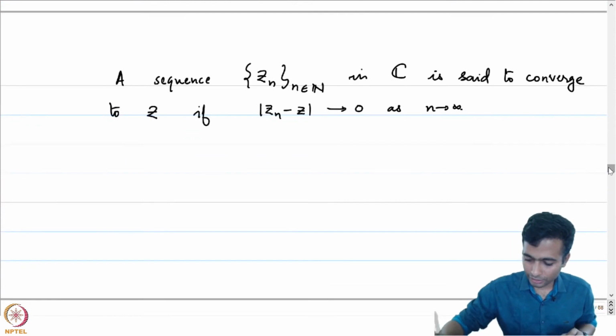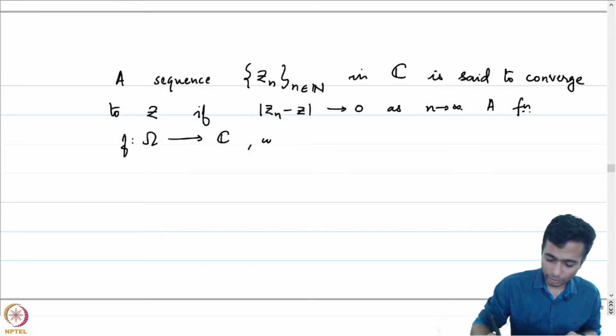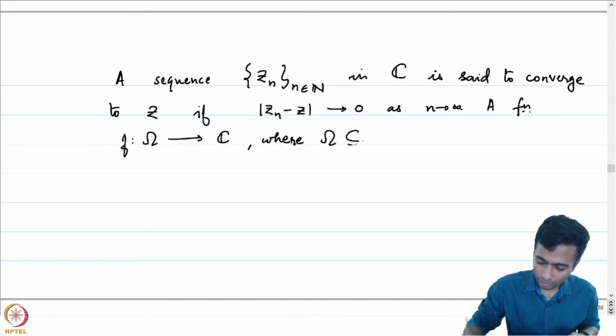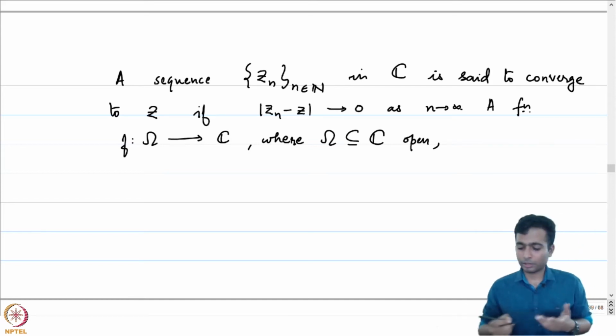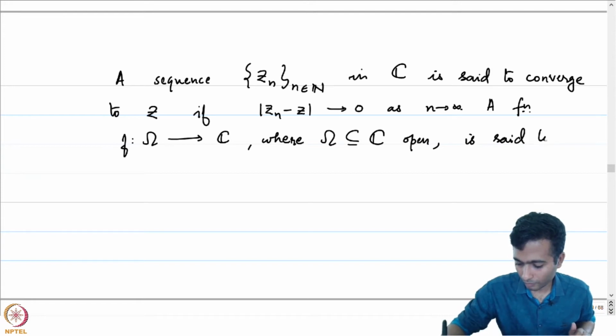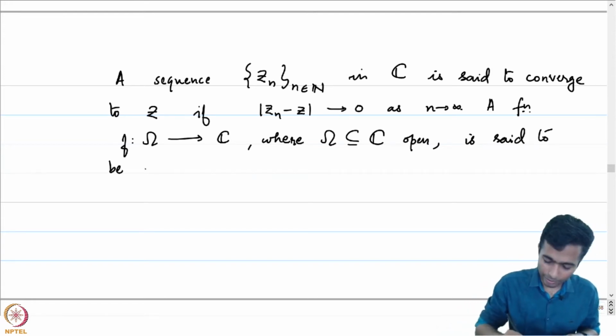And a function f from omega to C, where omega is some open subset of C, is said to be continuous. We actually don't need to impose the restriction of omega being open, but nevertheless, let me just put it that way.